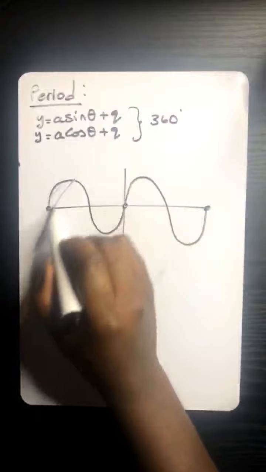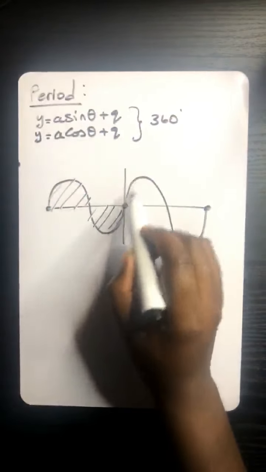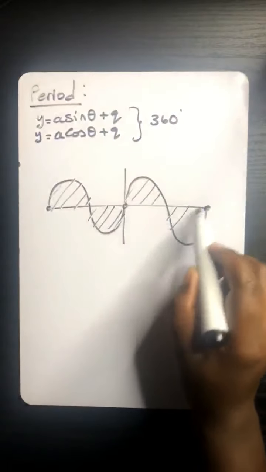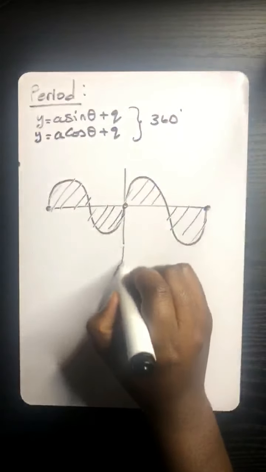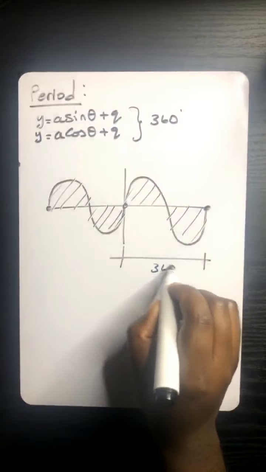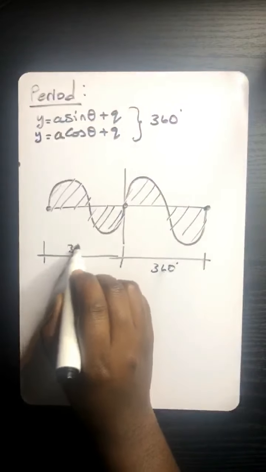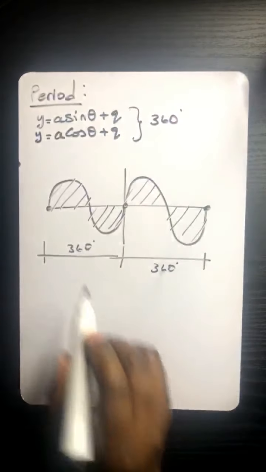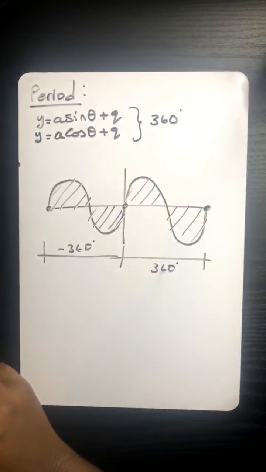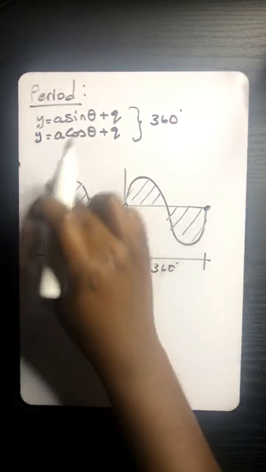It does that and then it also does that. And from there up to there is 360 degrees. Also, from there to there, it is 360 degrees, but on the negative side of the Cartesian plane. So that's what we mean when we say after every 360, it does the same shape.